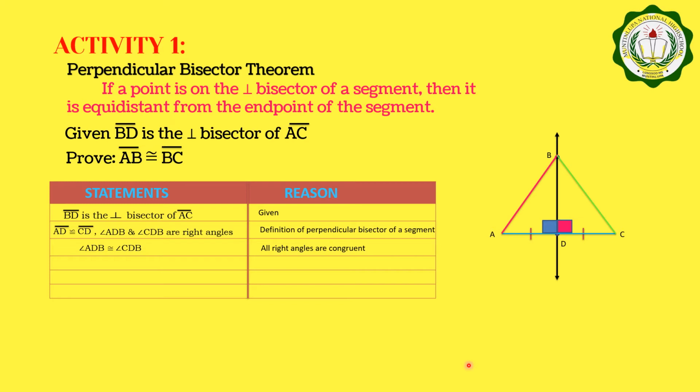Based on the given markings, it is still insufficient to say that the two smaller triangles are congruent. Okay, but what can you say about segment BD? Of course, by reflexivity, segment BD is congruent to segment BD.